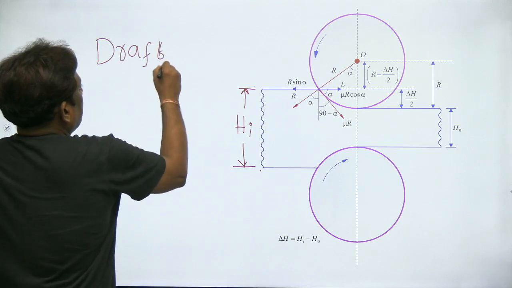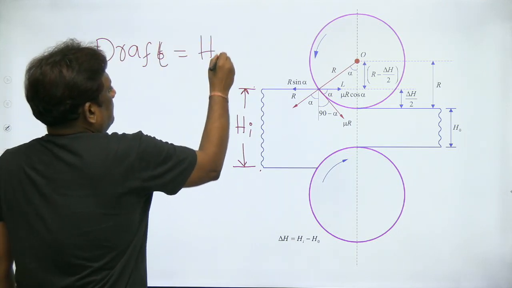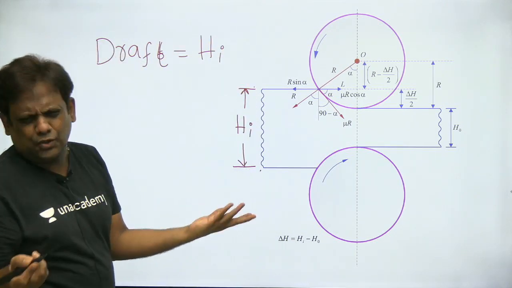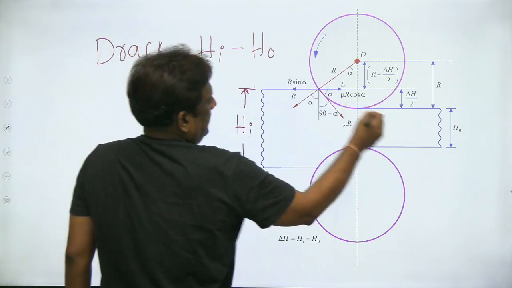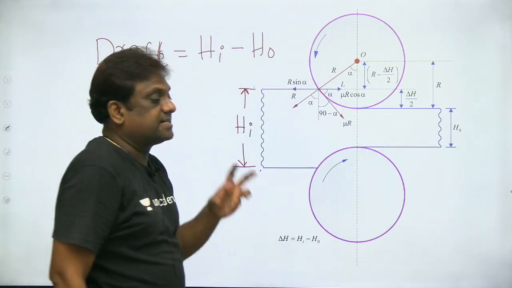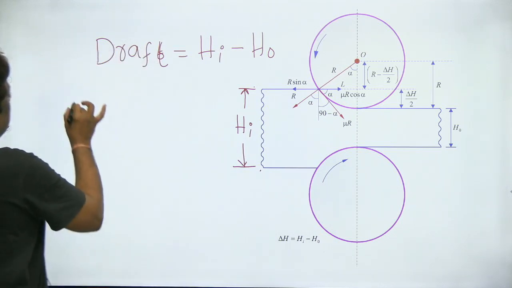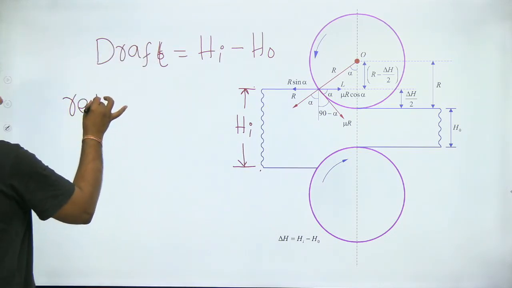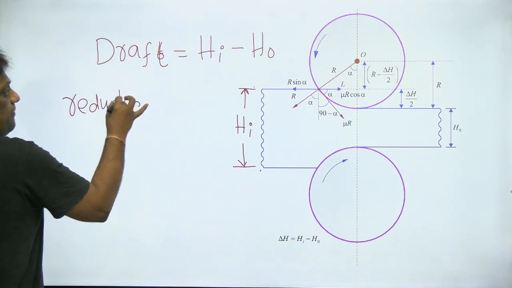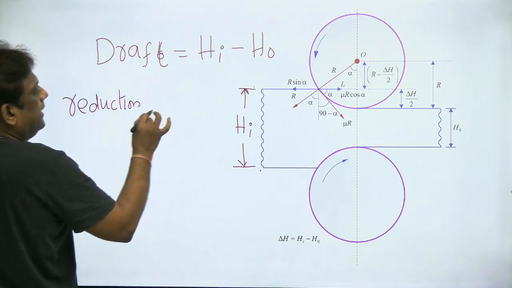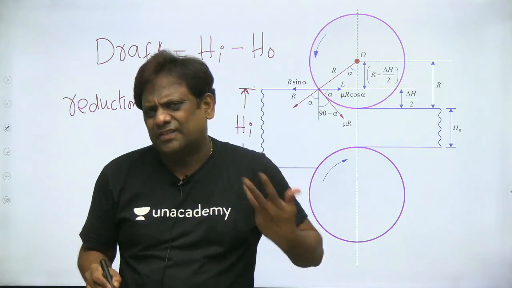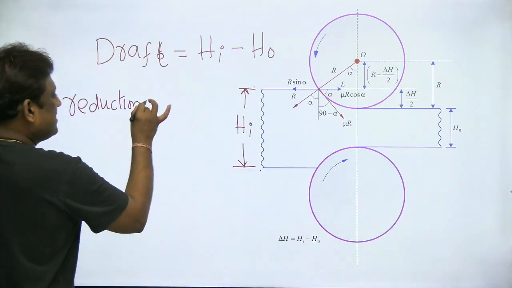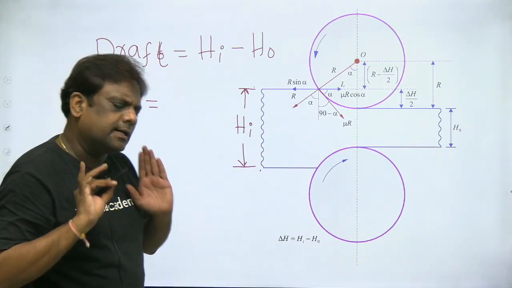That is, initial thickness, you can write TI also, no problem, minus exit thickness, is known as draft. There is one term known as reduction or percentage reduction. When you calculate percentage change, it is always with respect to initial. So draft is different, reduction is different.